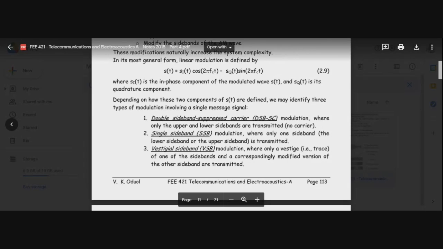So single sideband is okay, but it's very difficult to achieve. Again, we promise to see that a little bit later. It is difficult to achieve single sideband because you'd have to have a filter that knocks off one of the sidebands.